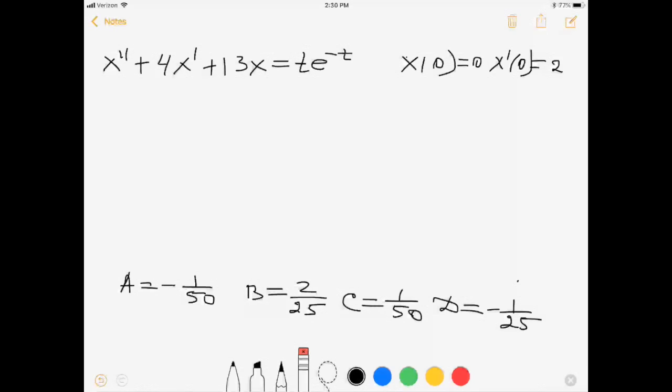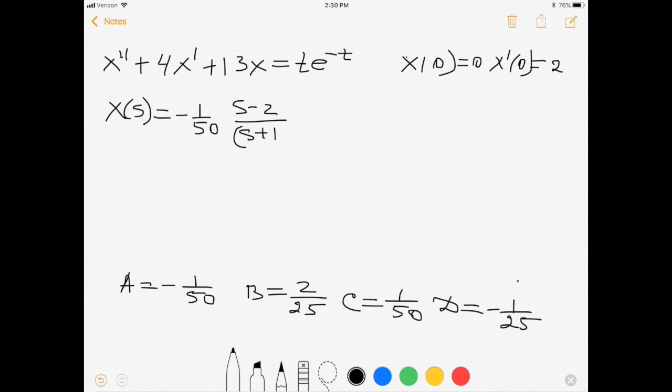And we have X(s) equal minus 1 over 50 times the fraction, it will be s minus 2 over (s plus 1) squared.